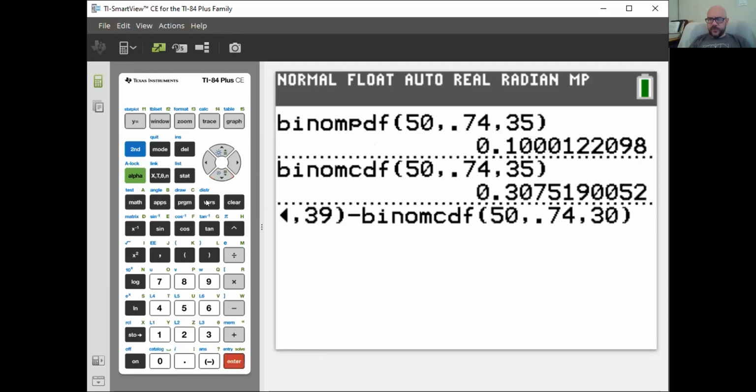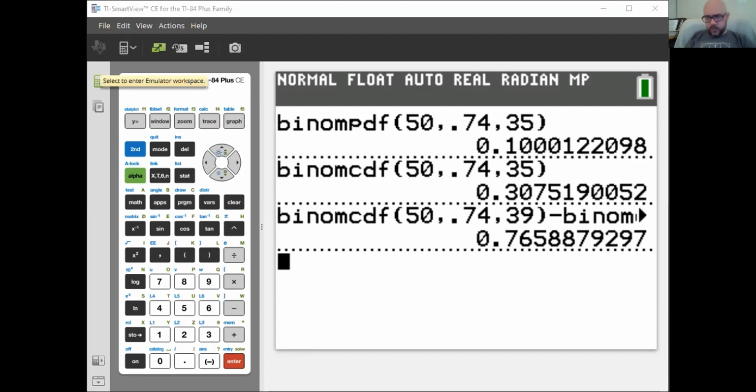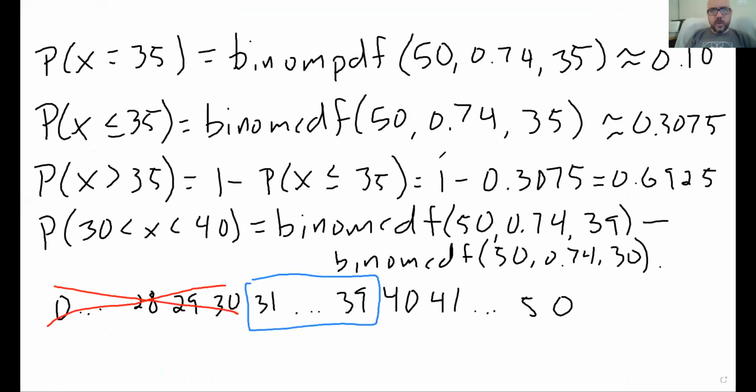So let's paste that in. So now I've got binomial CDF of 39 minus binomial CDF of 30, and I get 0.7659. Let's go write that down. Go ahead and delete this stuff.